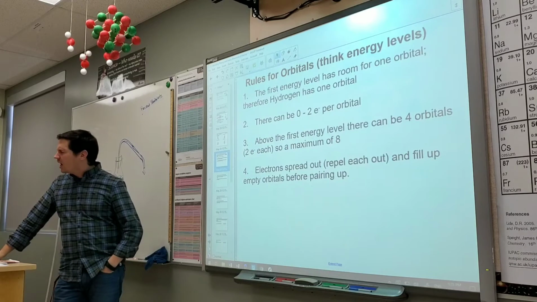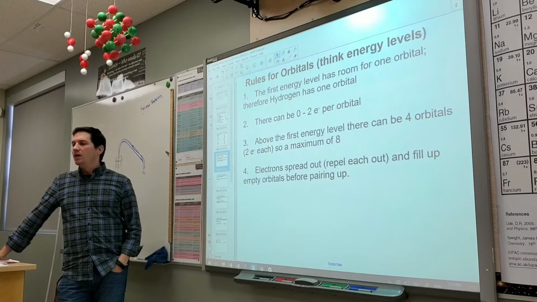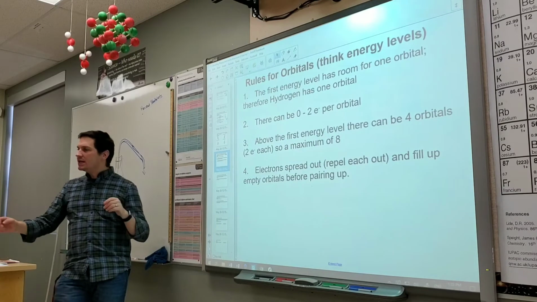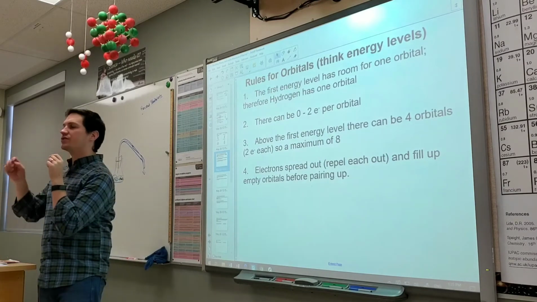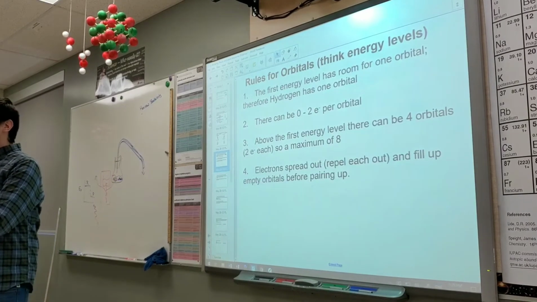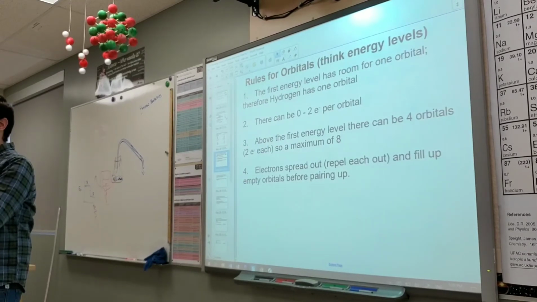We're going to think about our orbitals, and this is really not anything new. Surrounding every atom in each valence shell, there's a certain number of orbitals. Now, an orbital is just a little pocket where electrons like to congregate.